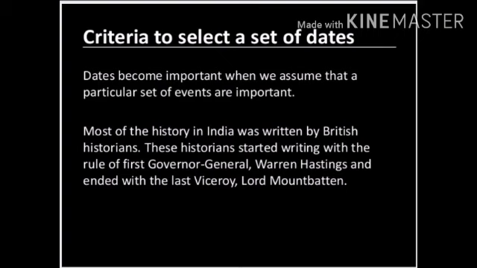With the help of this, the British historians wrote the history of India. These historians started writing with the rule of the first Governor General Warren Hastings and ended with the last Viceroy Lord Mountbatten.